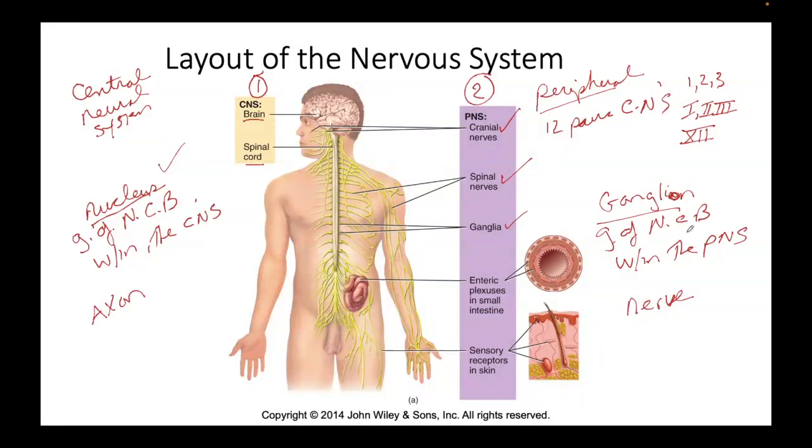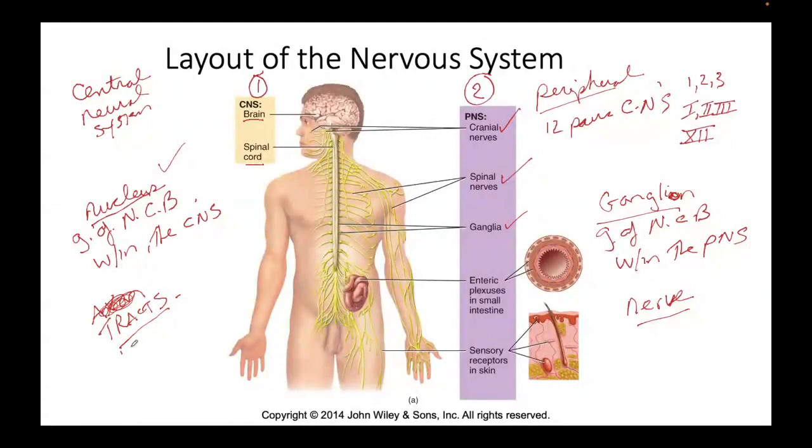Actually, let's call this not axon. I want to call this tracks. And here we'll have nerve and tracks.